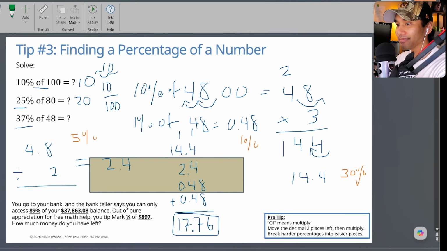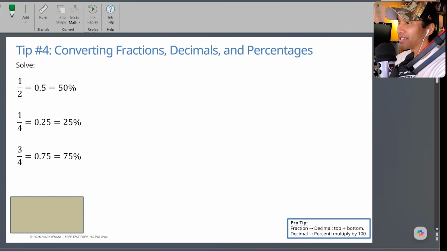Okay, next tip. Tip number 4, converting fractions, decimals, and percentages. Okay, this one I'm not really going to solve because these ones I want you to know and memorize.